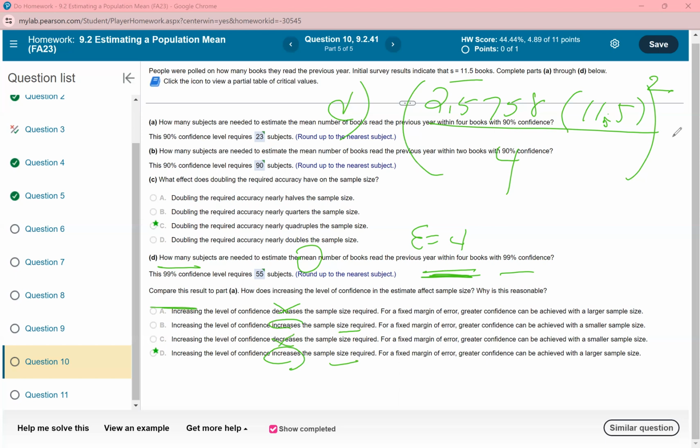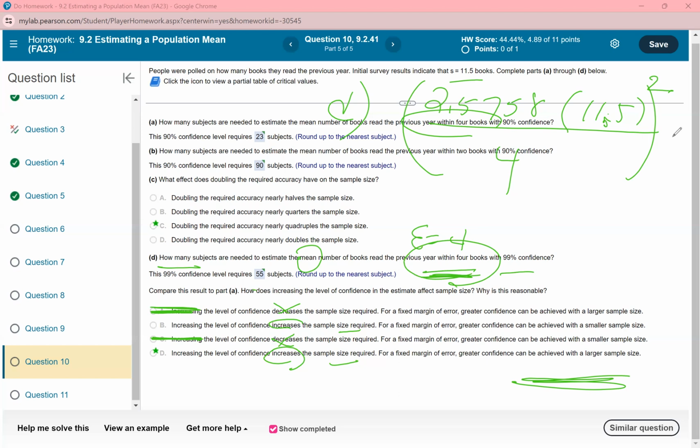For a fixed margin of error, which meant 4 for 4, greater confidence can be achieved with a larger sample size.